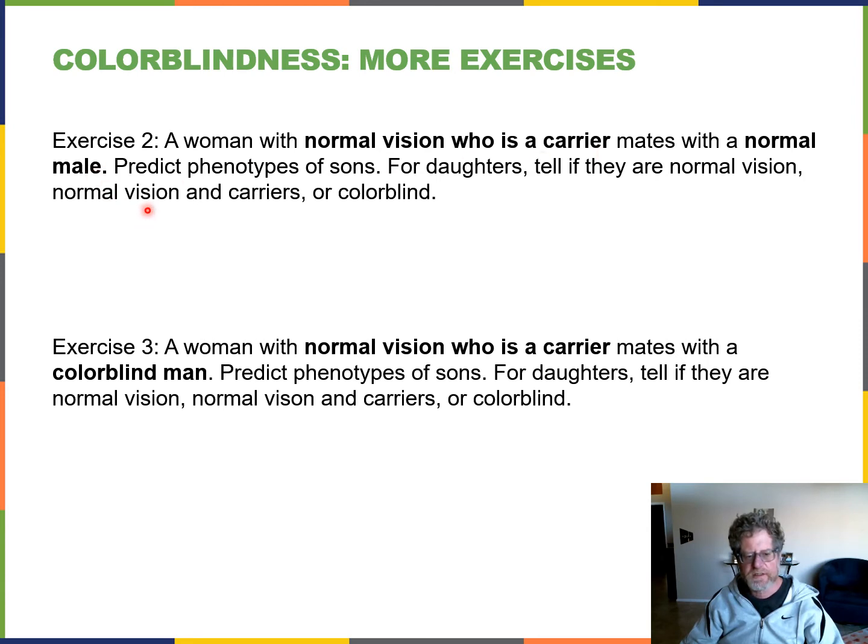So he's X to the big N, Y. And again, look to see what the phenotype is for sons, and for daughters, tell if they're normal vision, carrier, or colorblind. And then a third one, a woman with normal vision who is a carrier mates with a colorblind man. Again, give the phenotypes of the sons, and for daughters, normal vision, carrier, or colorblind. Okay?